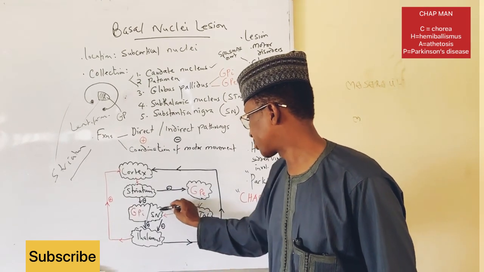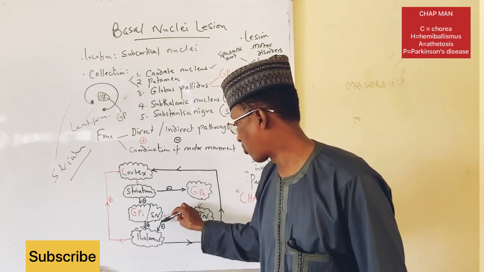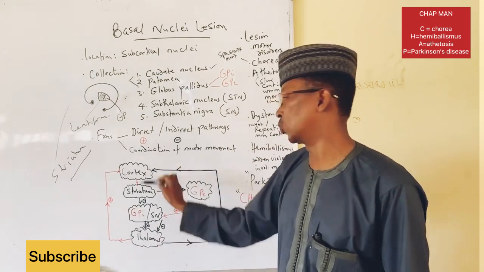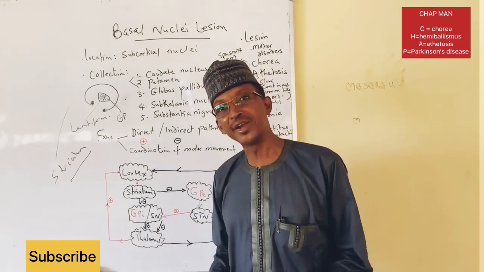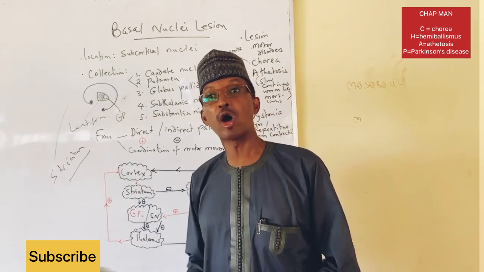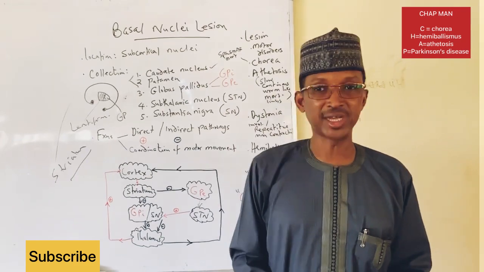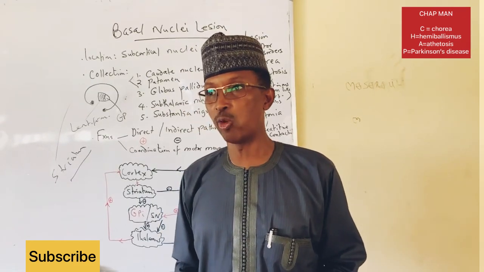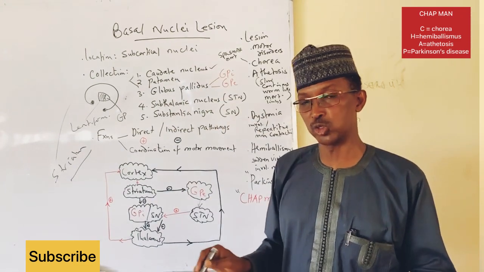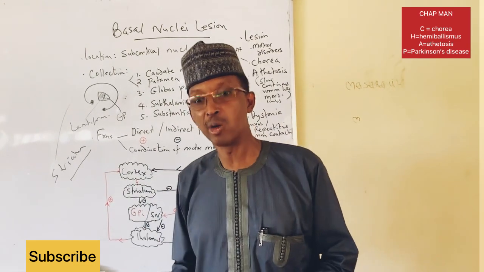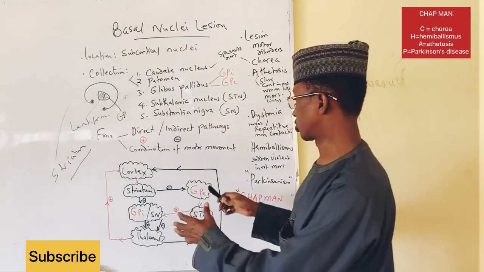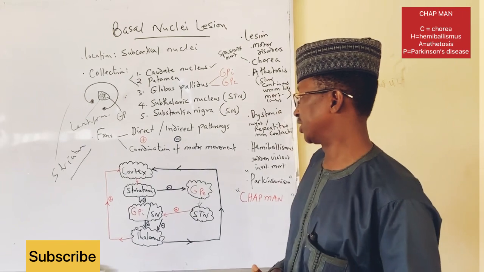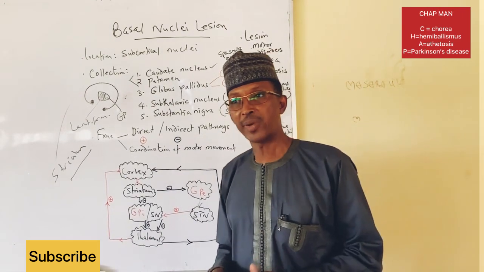And then from the substantia nigra, the information passes into the thalamus, and from the thalamus it goes into the cerebral cortex. And finally, this one is the one that is going to stop any unwanted voluntary movement. You get it? Any unwanted movement that is going to be associated with our movement. So this is just, in brief, the functions of the direct and indirect pathway.